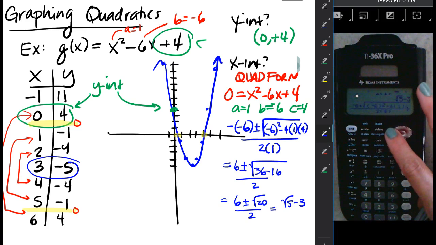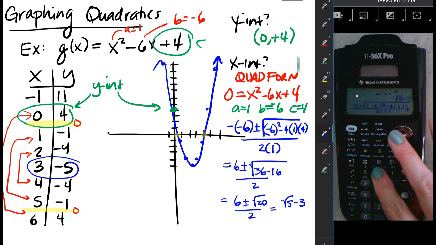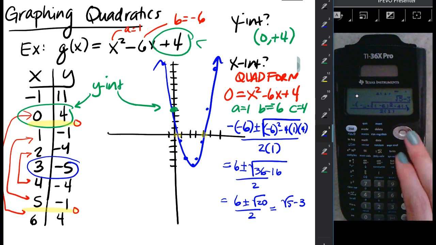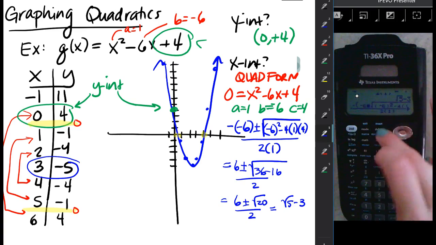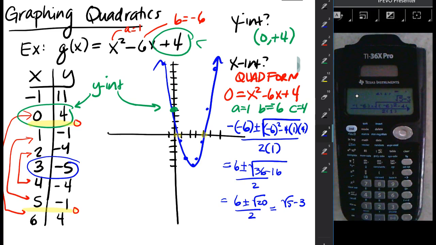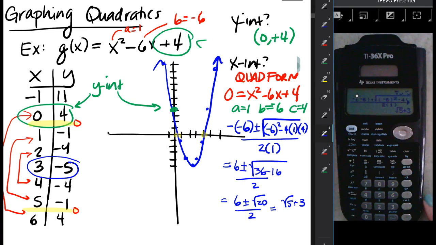It should have been a 6 up in the top, right? I immediately knew something was wrong because I was doing this by hand at the same time. Thank goodness. But I also would have realized something was wrong because I have an idea of what these are. So if I had actually thought that it was going to be √5 minus 3, we'll see what that was, but I don't think it was going to work out well for me.